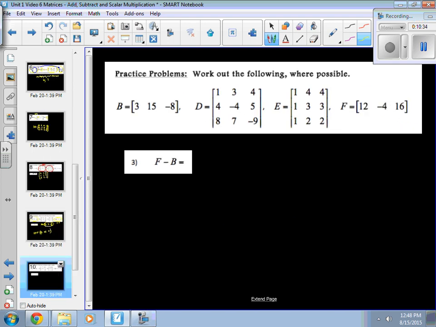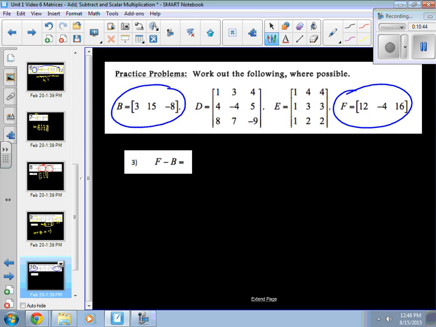All right, subtraction. We looked at subtracting as well here. F minus B, they want us to take this one minus this one. Just notice the order here. Order is important when you're subtracting. So if we're going to subtract these two, we got to start with the element in F, which is 12, minus the same element in the same location there, which would be 3. 12 minus 3 would equal 9.